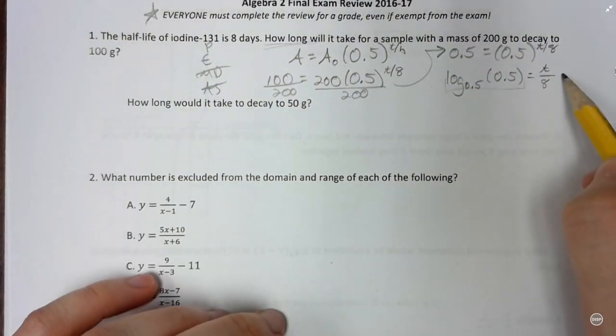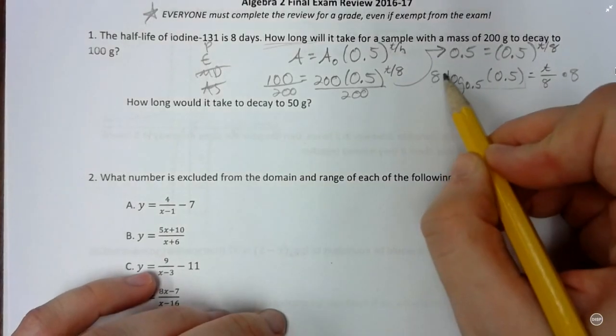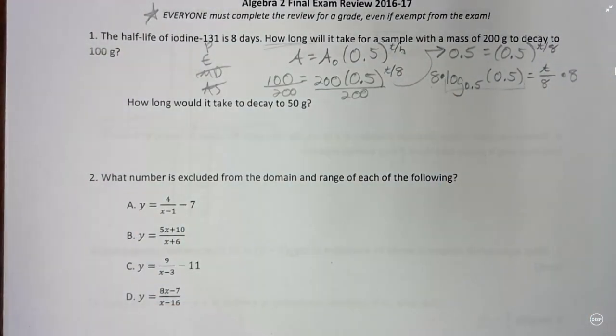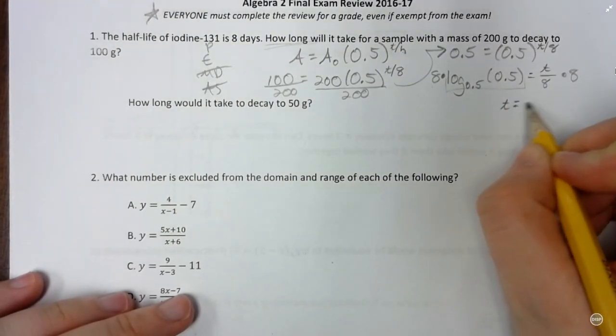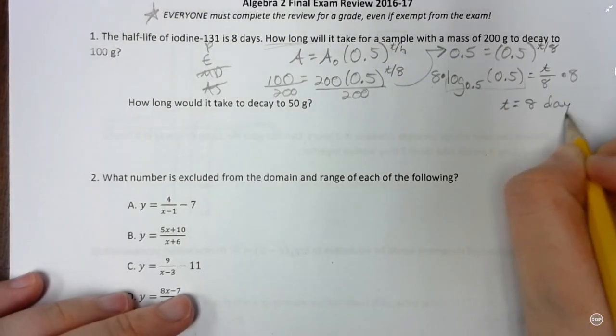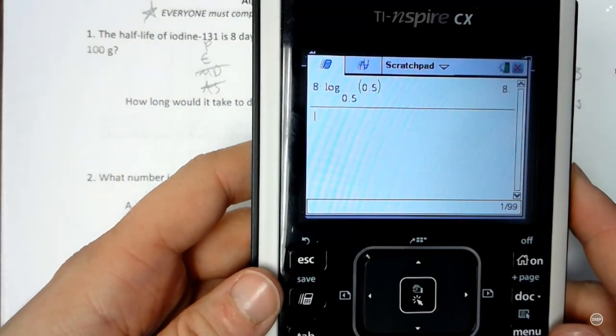Multiply both sides by 8. And put that in your calculator. And so you get t equals 8 days. And here's what it looks like in the calculator. Just like that.